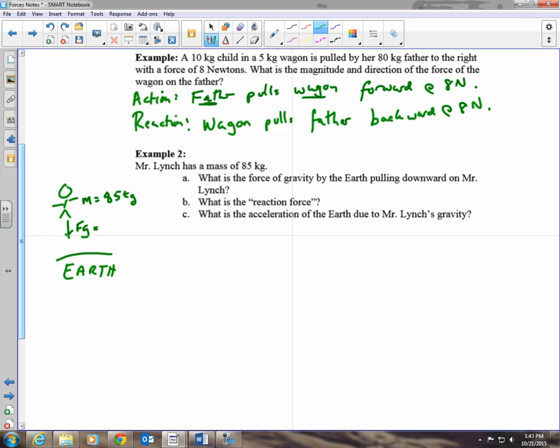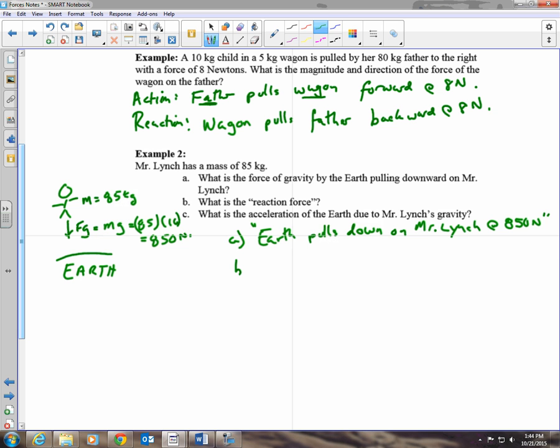The force of gravity, mg, is 85 times 10, is 850 newtons. So for part A, we're going to say the Earth pulls down on Mr. Lynch at 850 newtons. So that is going to be our action force.